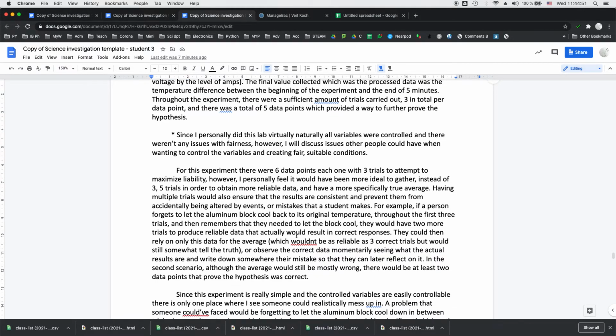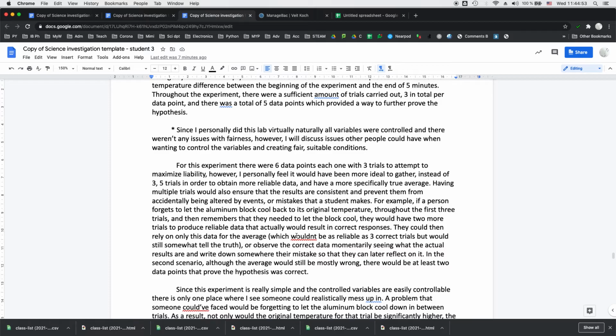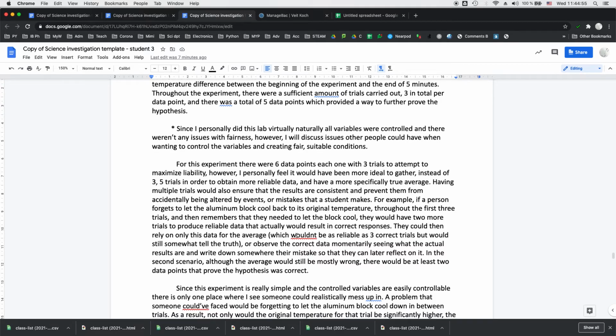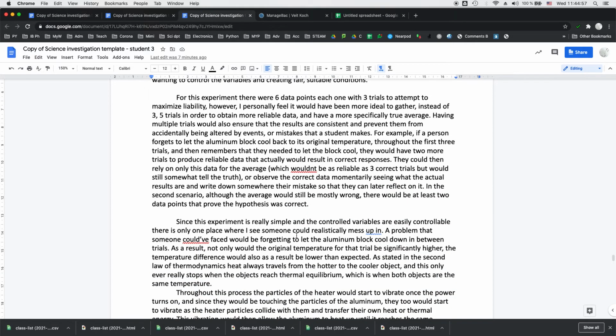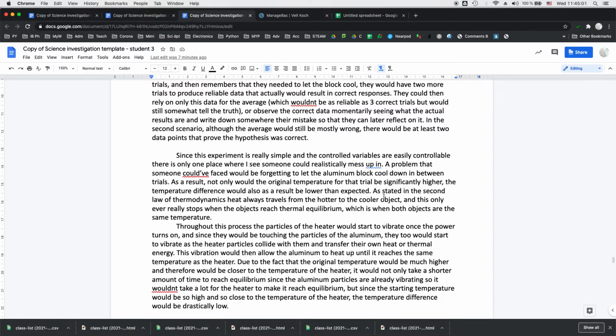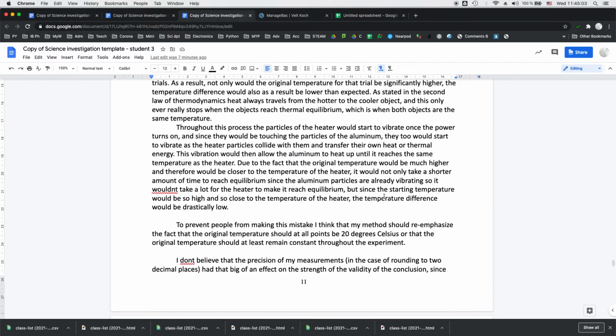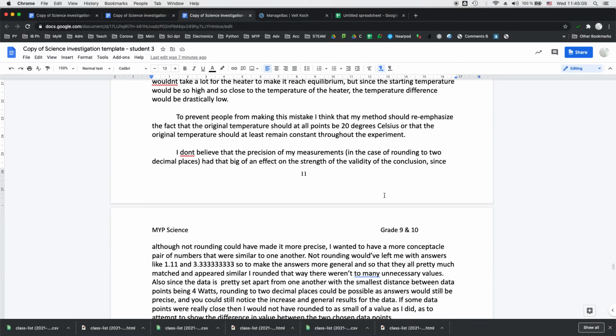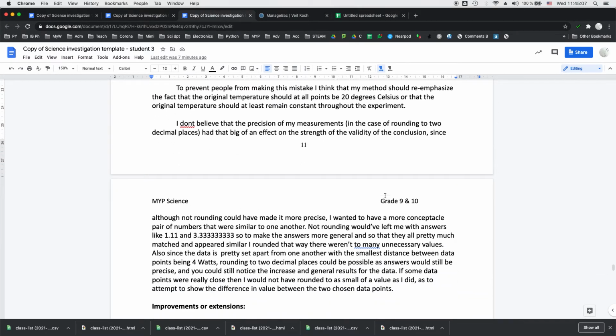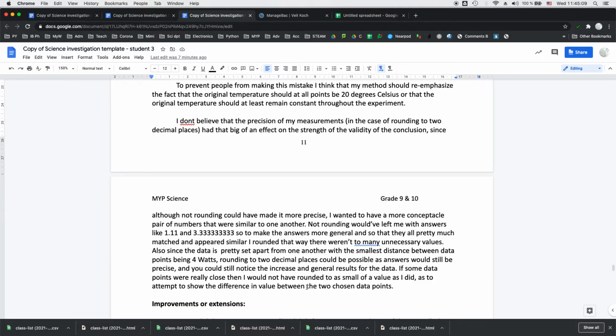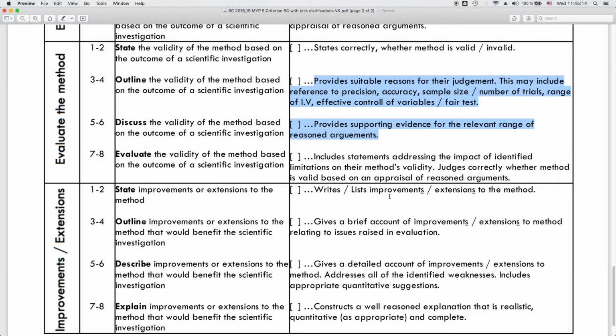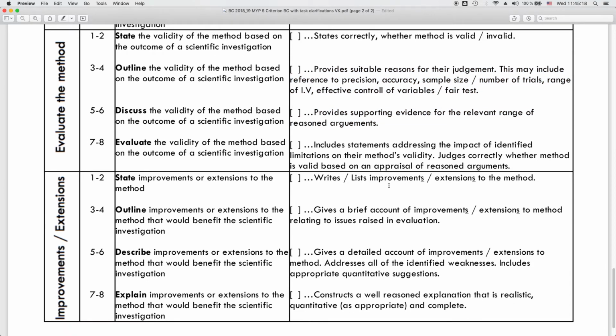I'm just reading here. And then there's a number of different things that have been mentioned. Okay, overall this looks like very, very thoroughly done. This probably gets in the 7 to 8 range here without now going into the detail of this.